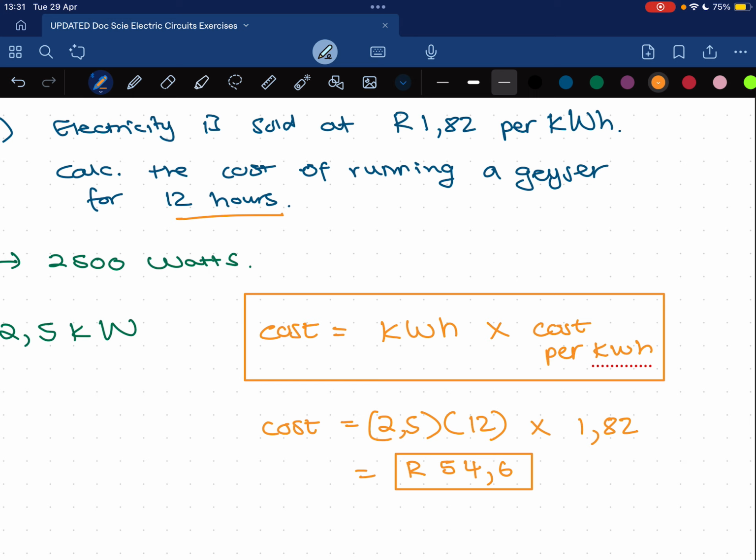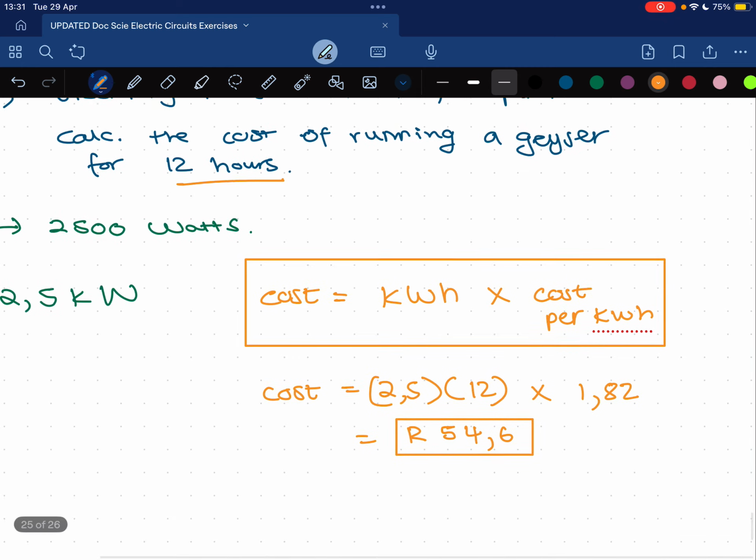If you think about that, if you multiplied 54.6 Rand by 2, you would get 109 Rand per day, because that's 12 hours, and 24 hours would be a day. Then if you multiply that by 30 days, you would get quite a high amount of electricity.